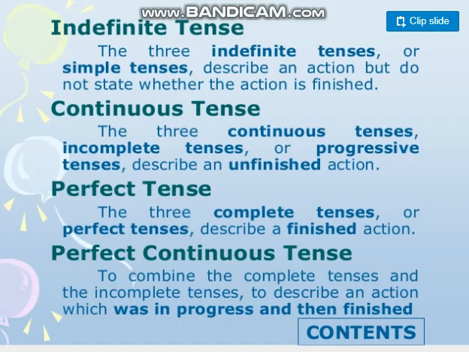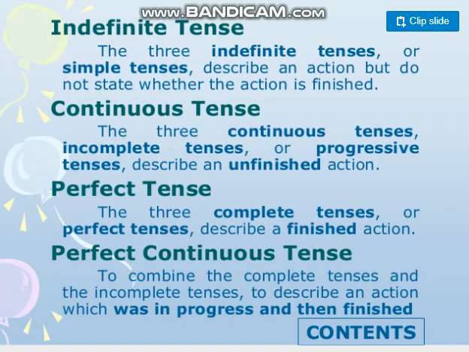Perfect continuous tense combines the complete tenses and the incomplete tenses to describe an action which was in progress and then finished. As is clear from its name, the continuous tense and the perfect tense are mixed up in this tense. Perfect means the action is completed. Continuous means it is still in progress.